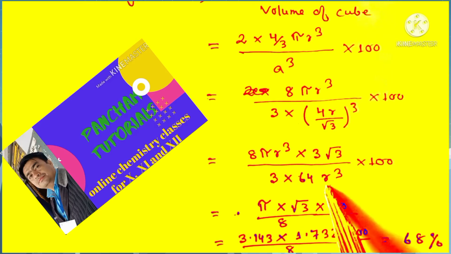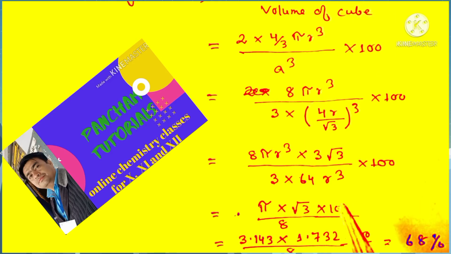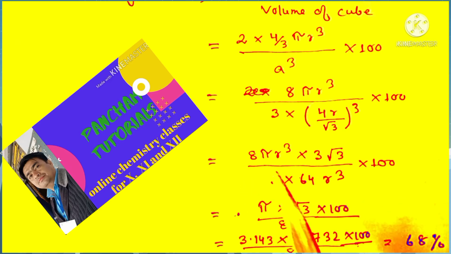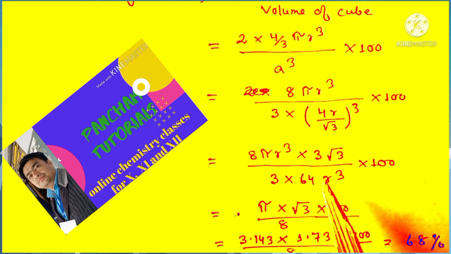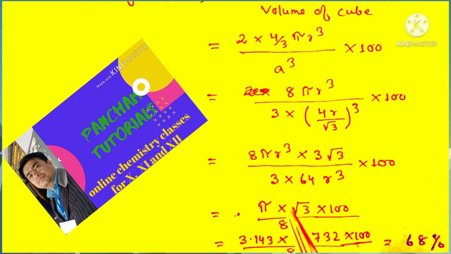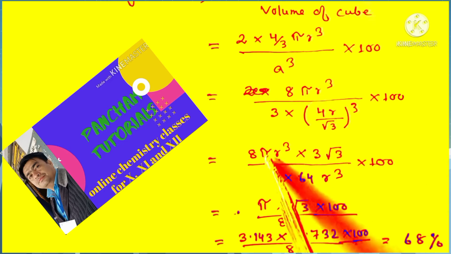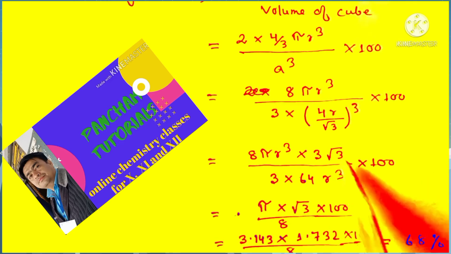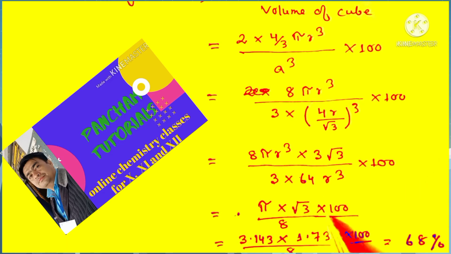Now this r cube and r cube will cancel each other, and these 3 and 3 will cancel. So 8 eights are 64. So we will get pi, then root 3 and 100. Pi into root 3 into 100 divided by 8.